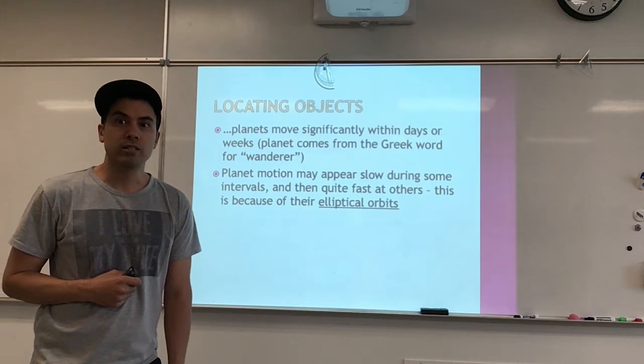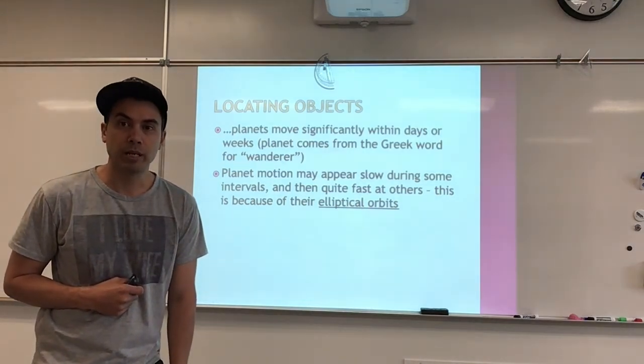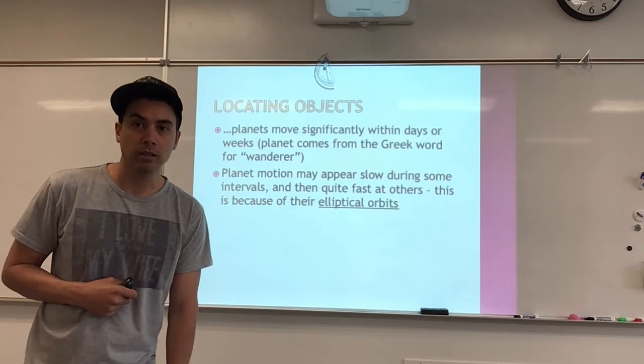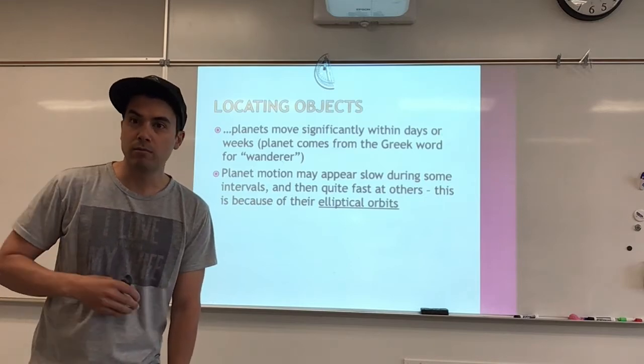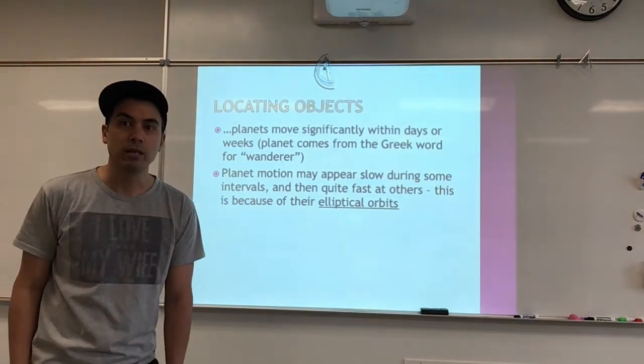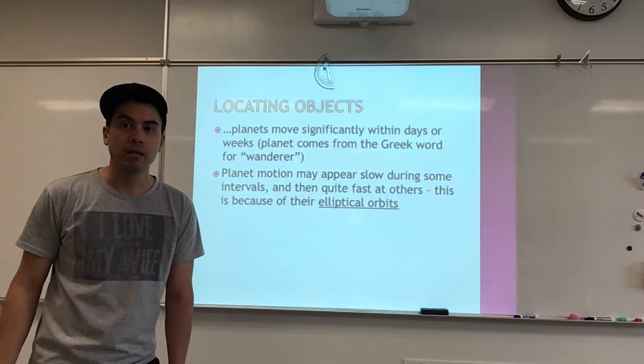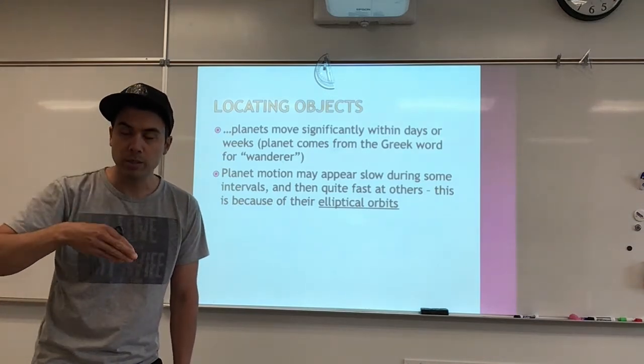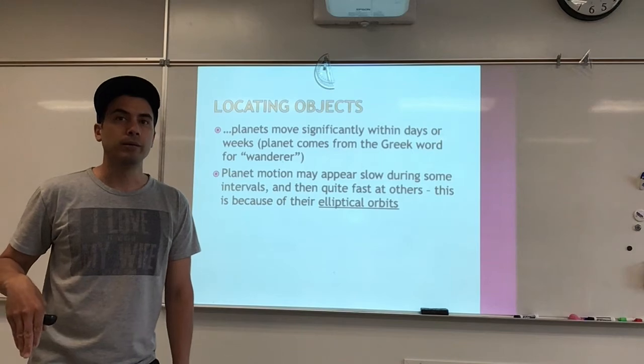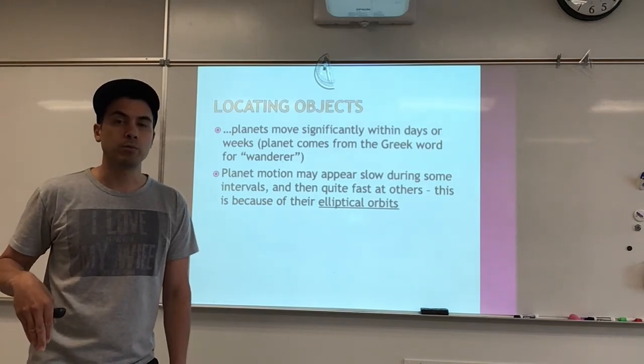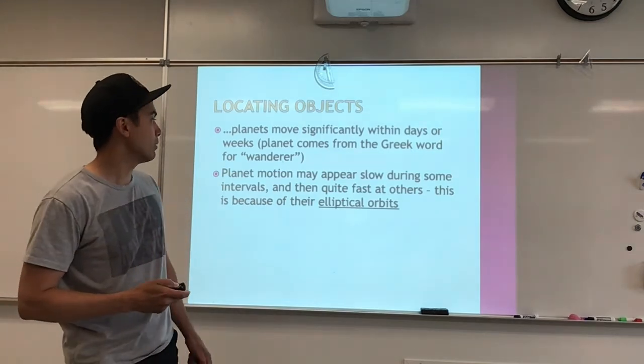As you're going to find out in Physics 20, these planets are going to sweep out equal areas in equal time. That idea is beyond the scope of this course, but the point is that they are going to appear to speed up and slow down, and so not always as predictable as we would like things to be.